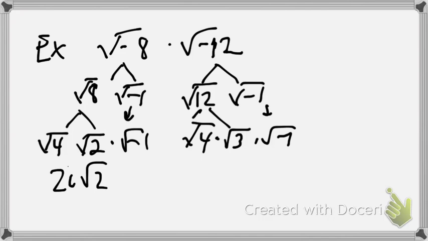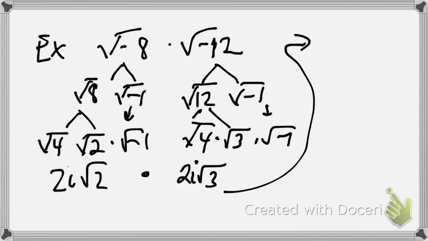And then over here we have 2, so then we're going to multiply it by 2 square root of 3, and then the square root of negative 1 is, well, that's i. So we have 2i square root of 2 times 2i square root of 3.